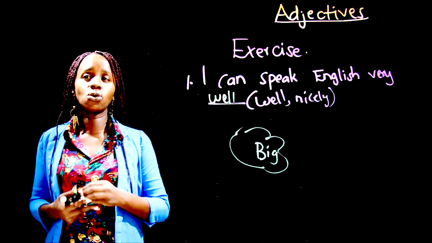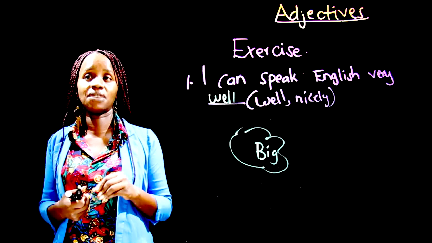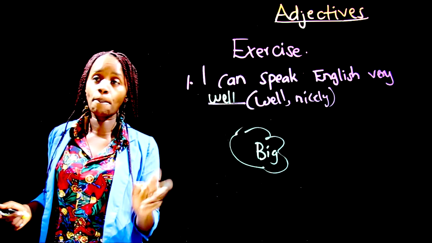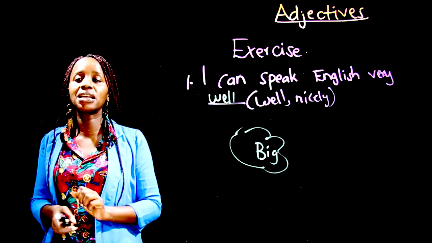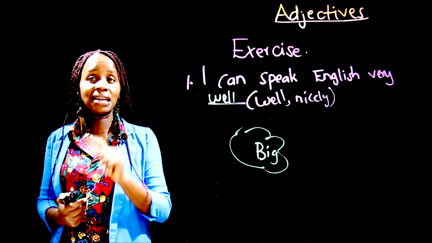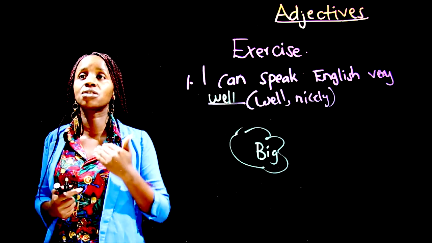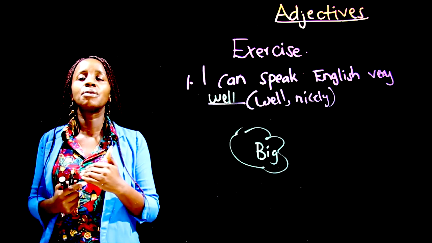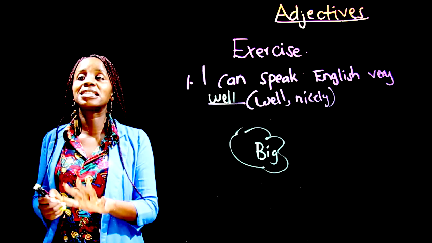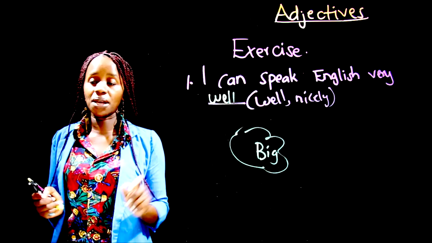So you need to know the most appropriate adjective that will help in creating that mental picture, that will help in bringing that vivid description. Remember, adjectives is all about description. So you need to help the person that you're talking to or the reader create that mental picture.